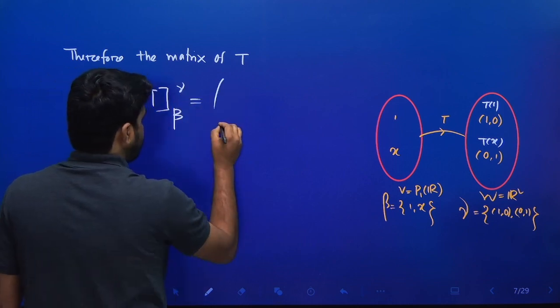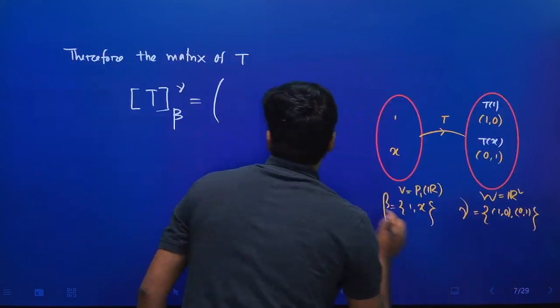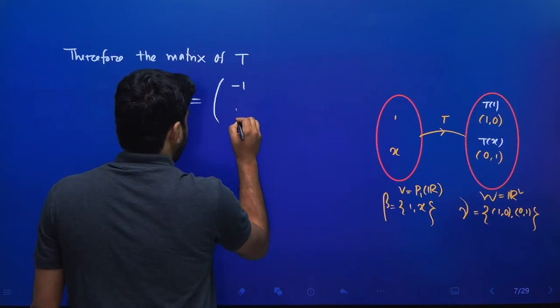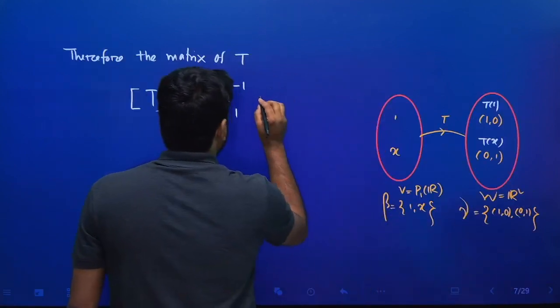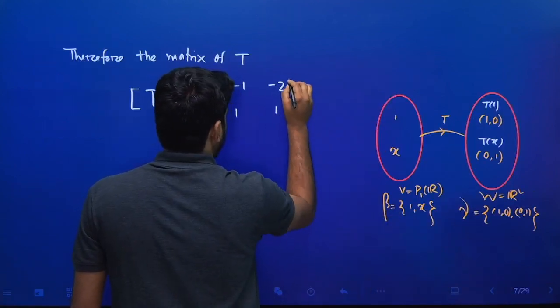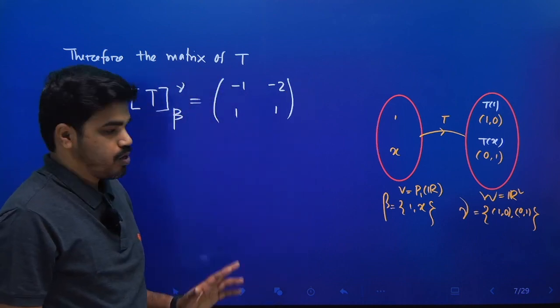So this will be just minus 1, 1, that will be first column, second column will be minus 2 comma 1, right? So this is the matrix representation of T.